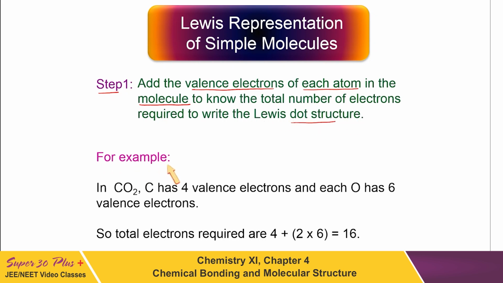For example, in CO2, carbon has 4 valence electrons in the outer shell and oxygen has 6 valence electrons in the outer shell. Alright, so the total electrons required are 4 for the carbon and 6 for each oxygen, that is 16. So in total 16 electrons are required.